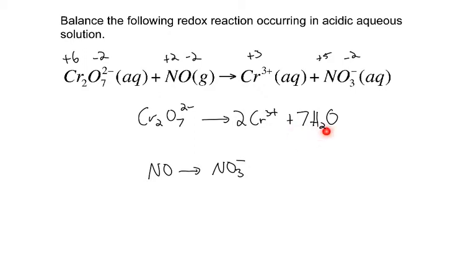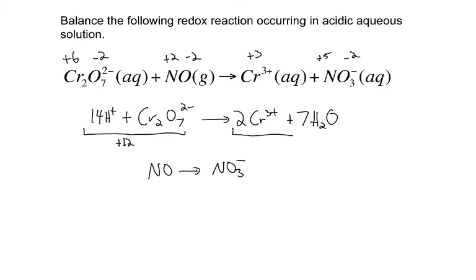And then finally, I'll balance the hydrogens by adding H+. So I have 14 H+ on the product side, none on the reactants. So I'm going to need to add 14 H+ to the reactants. And the last thing I need to do to balance this reaction is the charges. So my total charge right now on the reactant side is +14 -2, so that adds up to be +12.